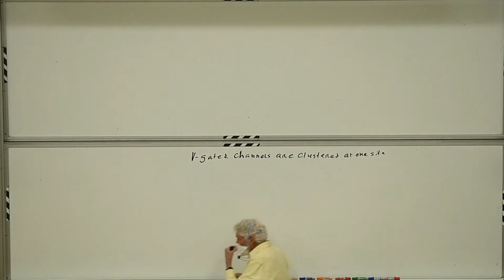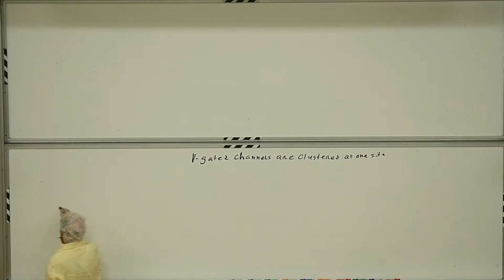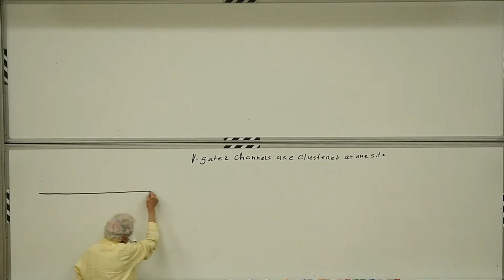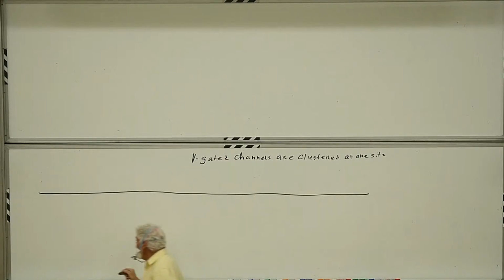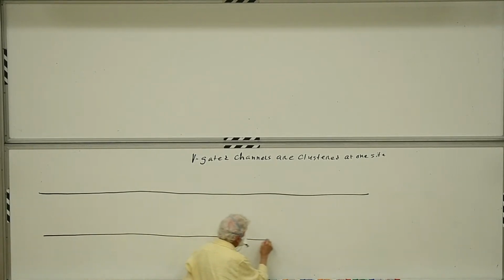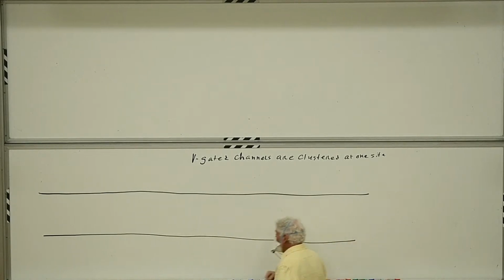We can more or less draw this. We can lay out one of our imaginary axons where we have the two parallel lines representing the plasma membranes. And then we're going to put voltage-gated channels up here.